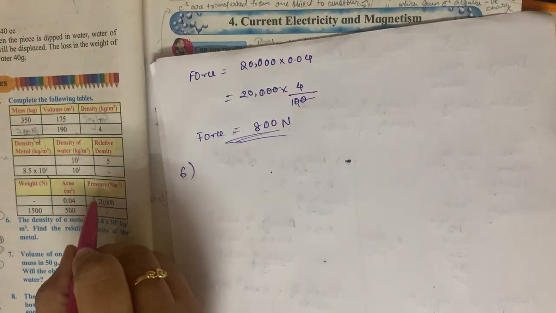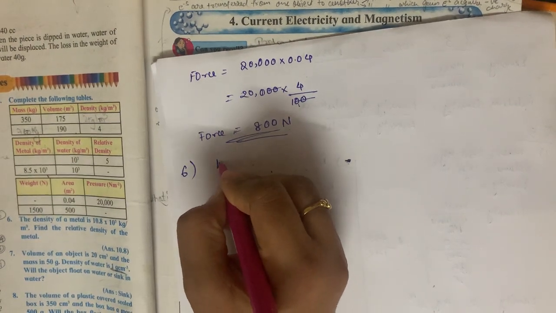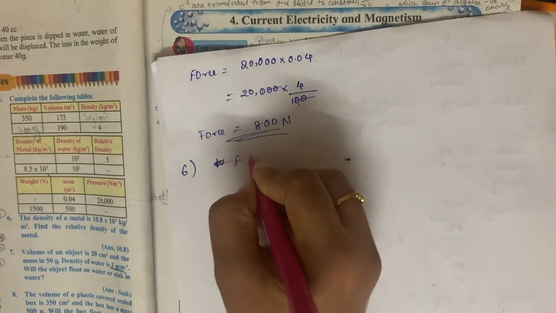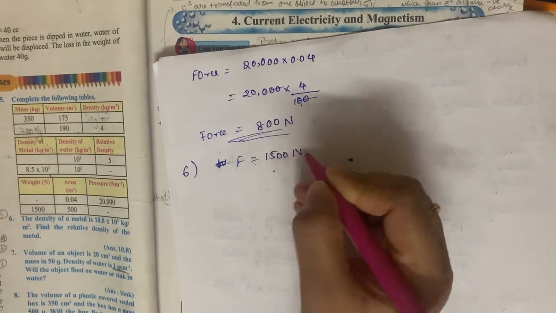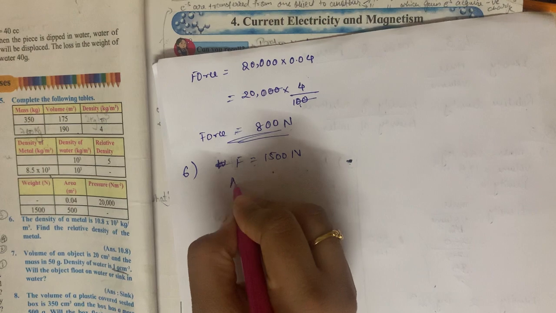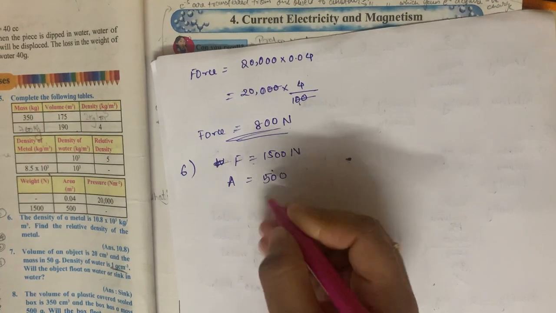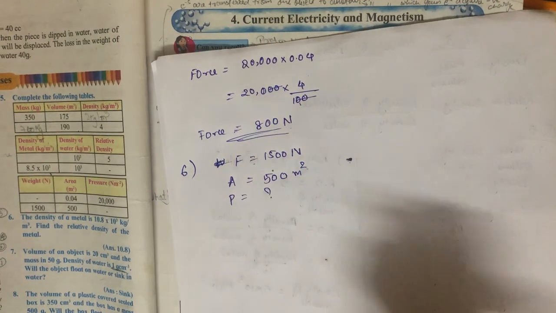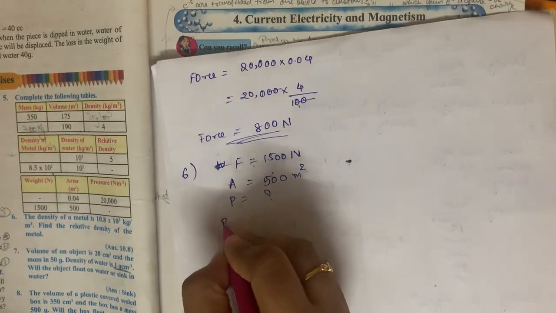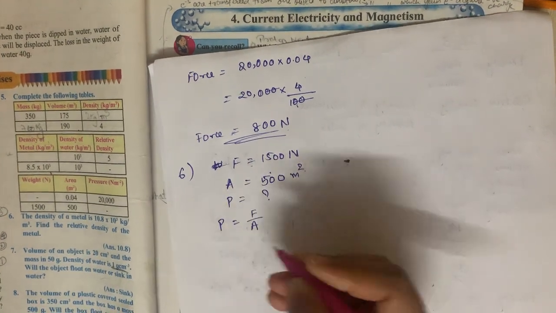Next sum, that is here weight, that means you can write directly force, which is given 1500 Newton. Then area, that is given 500 meters square. Pressure is not given, so let me put question mark. What is the formula? Pressure is equal to force upon area.